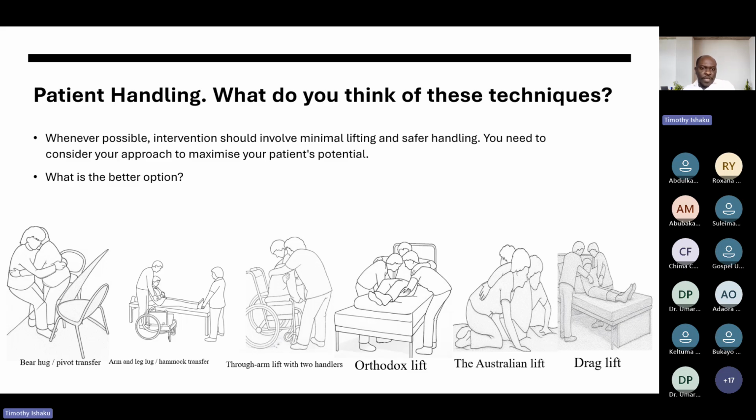It's a nice way to enable them to do it. Now, it's all about what other people have spoken, maximizing the resources you have, utilizing the knowledge to make sure that you minimize injury to both you and everybody involved in the handling of the patient.